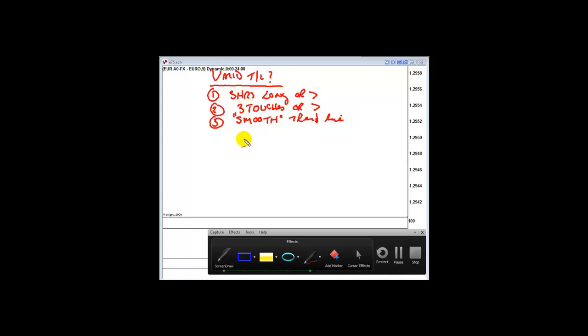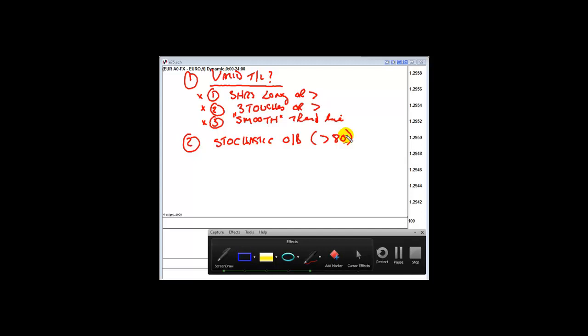Let's start from here. Alright, with those 3 conditions, 3 hours long or greater, 3 touches of the trend line or greater, and we're looking for a smooth trend line. So that's major condition number 1. Condition number 2, we want stochastic overbought. In other words, greater than 80. It doesn't have to be turning down or coming back beneath the 80 level or anything like that.